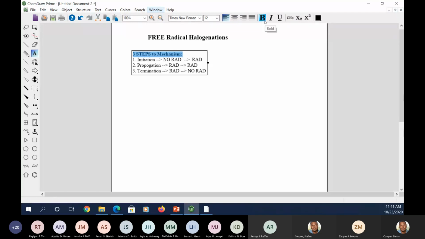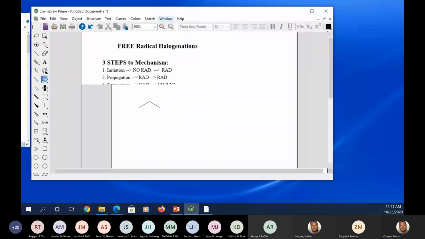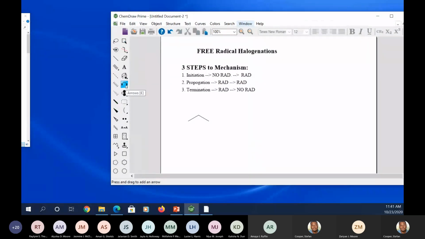So let's do a review before we start to work on some new problems here. All right, so last class we talked about this molecule here. And we reacted it with bromine.